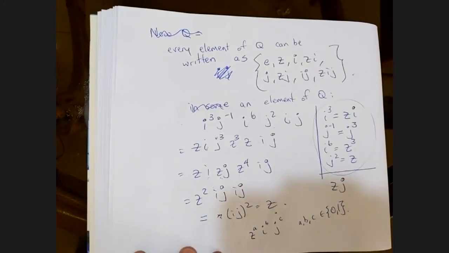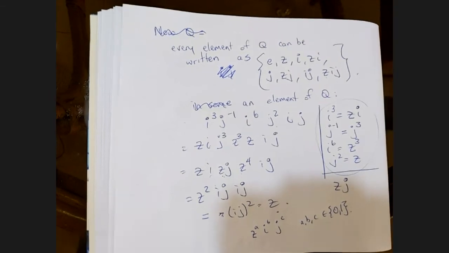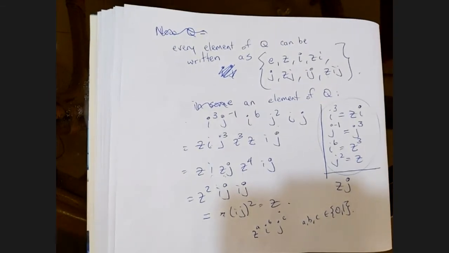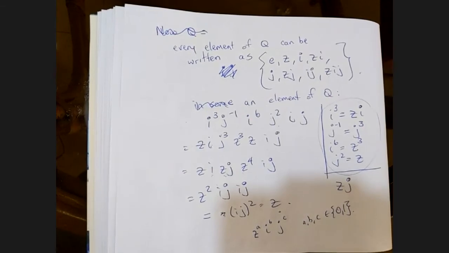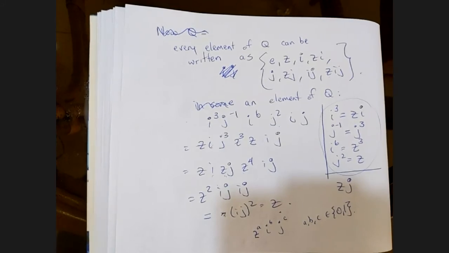Okay, and that is how we can compute with the quaternions, just as an example. So you see, now we have groups of order 8. We have a couple different ones.